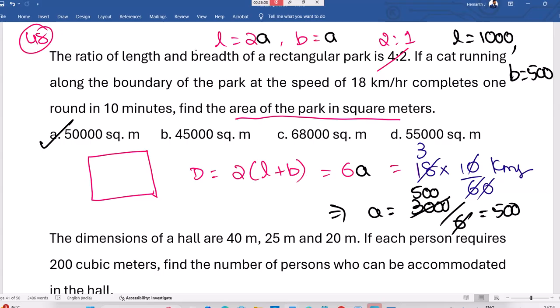They given only 4 zeros. 5 lakh required. One more zero required in the options. Maybe it's like typing error, it seems. But you see that length into breadth. Done. See the next one. It should be one more zero. 5 lakh because 5 zeros required.